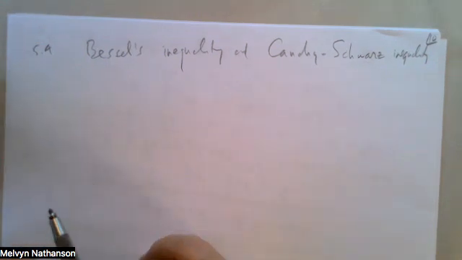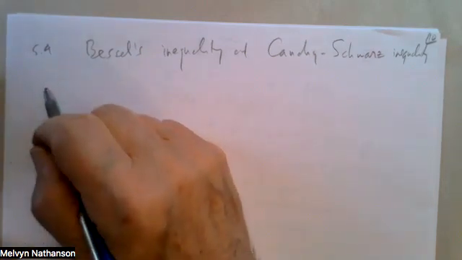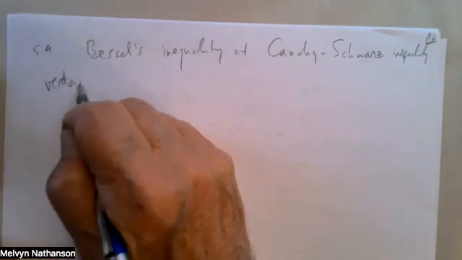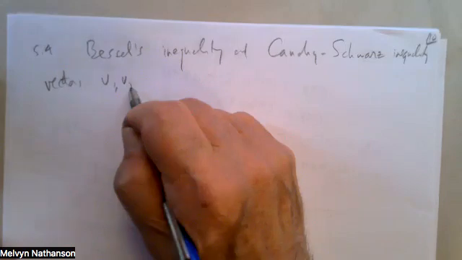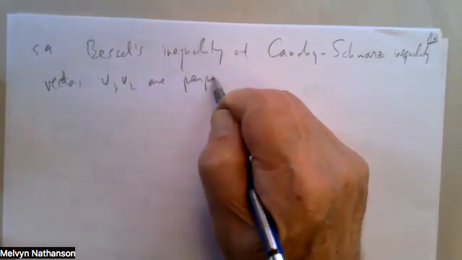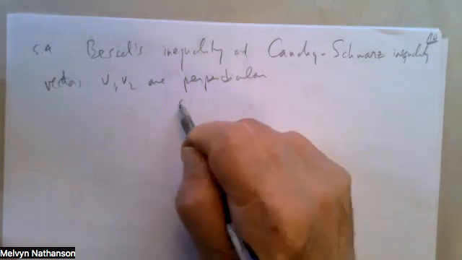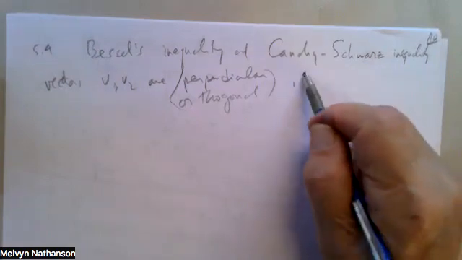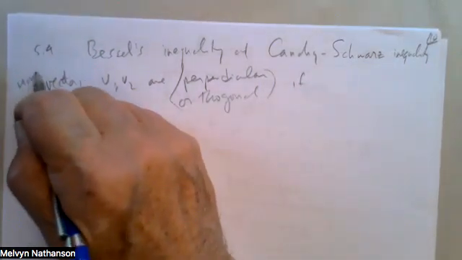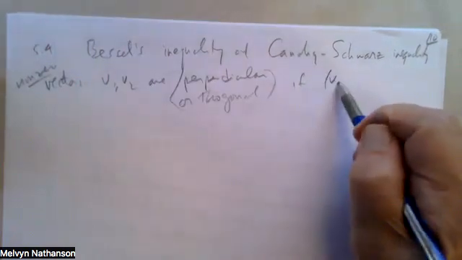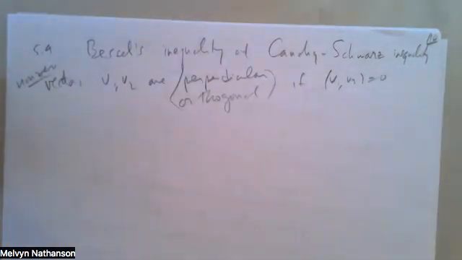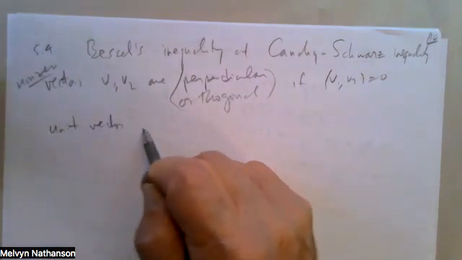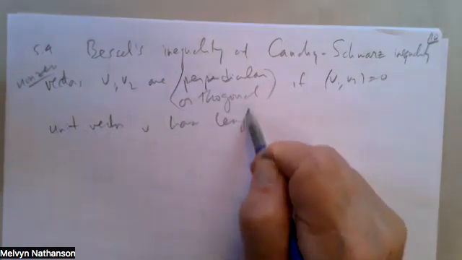So we need a preliminary definition. Recall, we say that non-zero vectors v1 and v2 are perpendicular or orthogonal, orthogonal being just another word for perpendicular, if their inner product is 0. And a unit vector v has length 1.